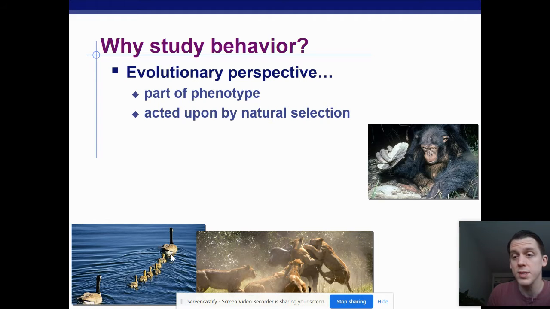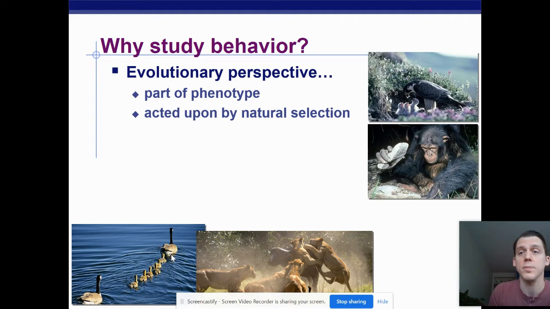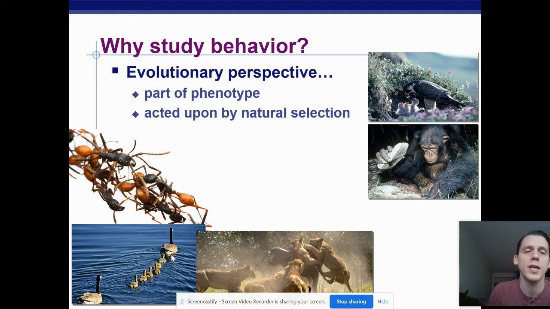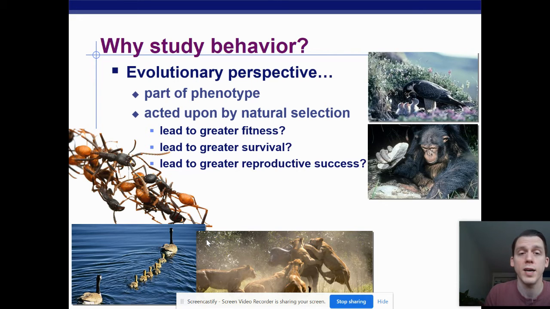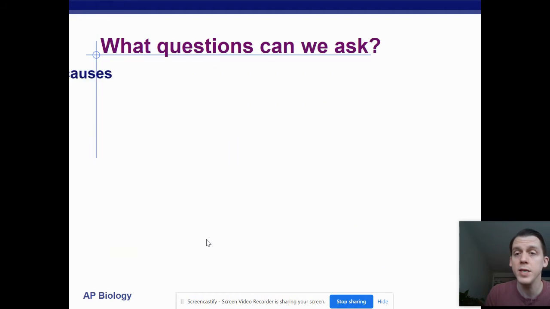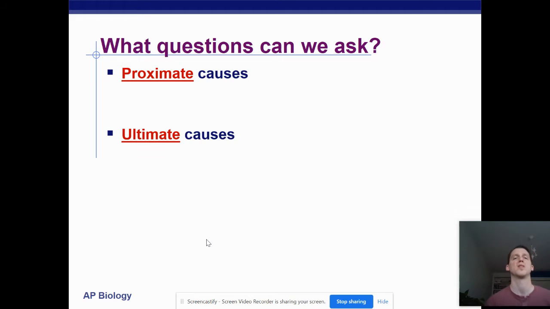All of these things are selected for by natural selection. Here we have ants forming a bridge for other ants to come across. So it's clearly been selected for by natural selection. Therefore, it needs to lead to greater fitness and greater survival, and ultimately greater reproductive success.